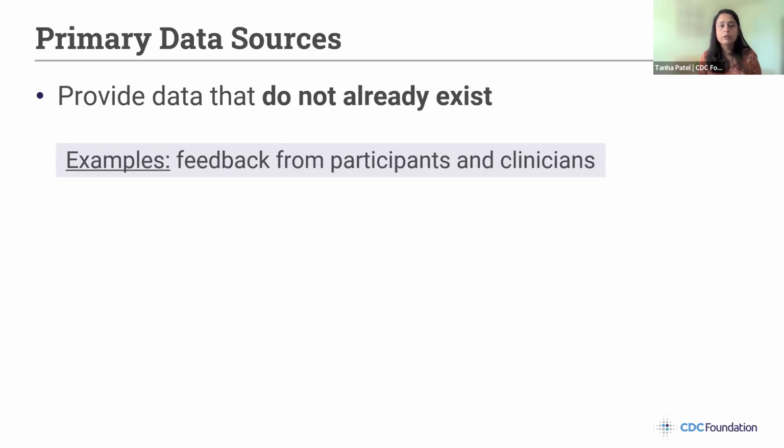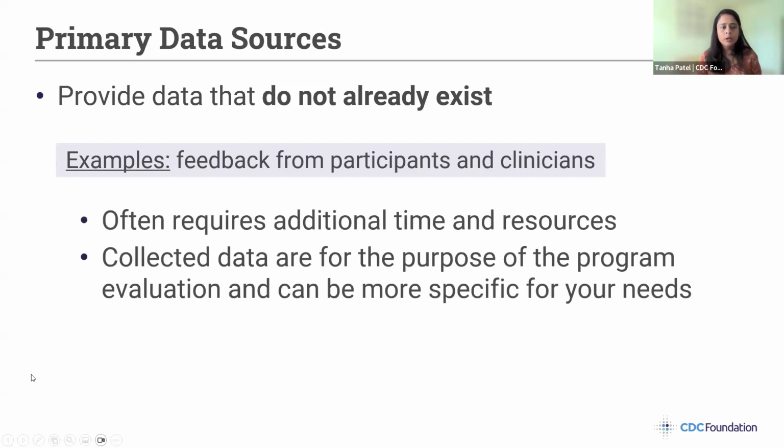You probably need to hear it from them. So primary data sources often require additional time and resources to collect the information. But the information you collect from a primary data source is collected for the purpose of answering your questions. So you can tailor the questions and the approach to what is appropriate for this particular evaluation when you capture primary data.